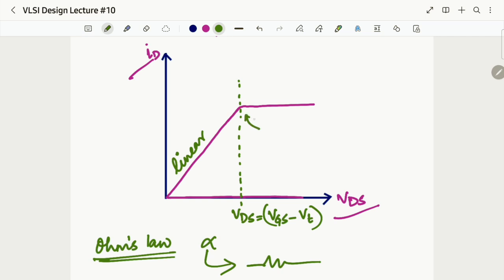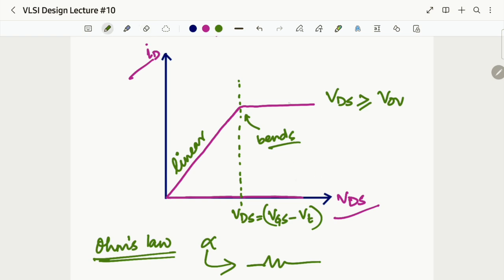If I keep increasing my voltage beyond this point, beyond this VGS minus VT, what is this VGS minus VT? It is nothing but VOV.